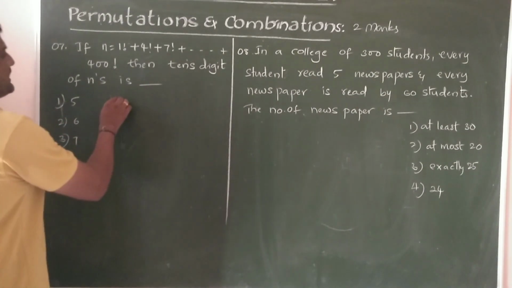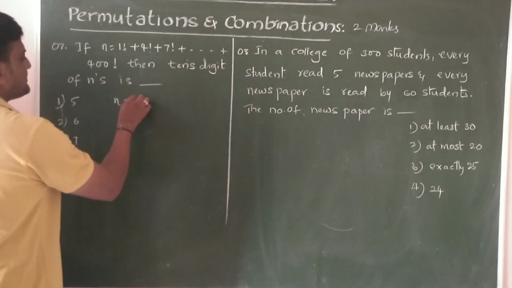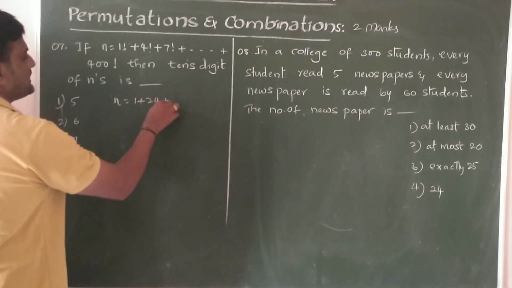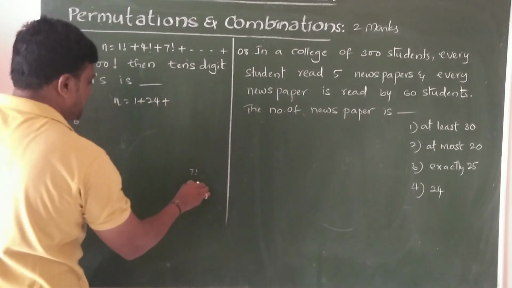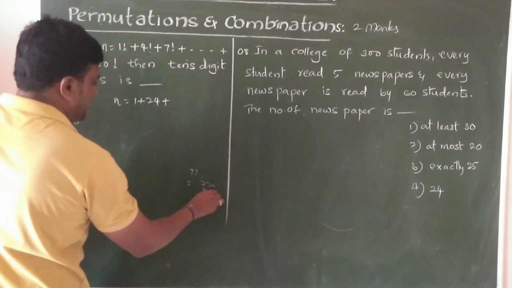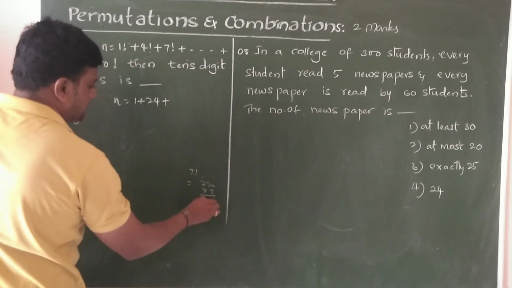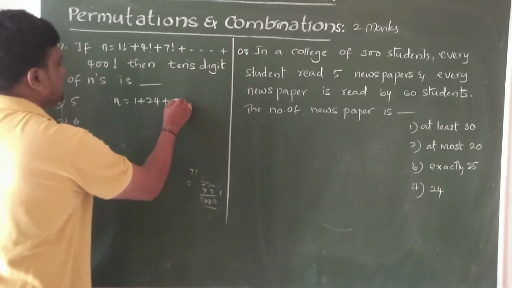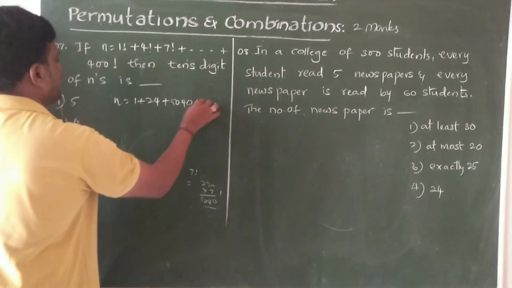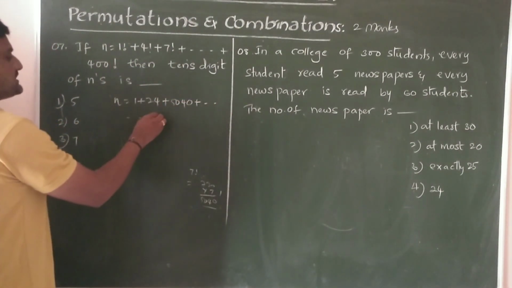Simple. Here n equals 1 plus 24 plus 7 factorial. 6 factorial equals 720, and 7 factorial is 5040, plus so on. No need to find this.